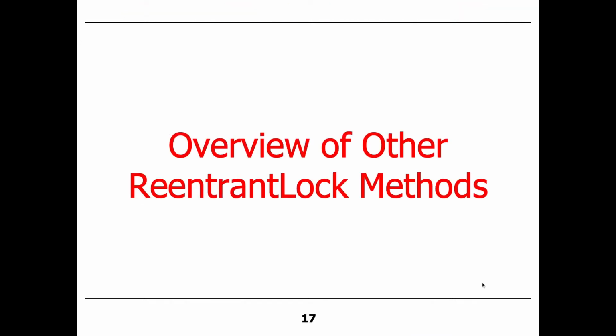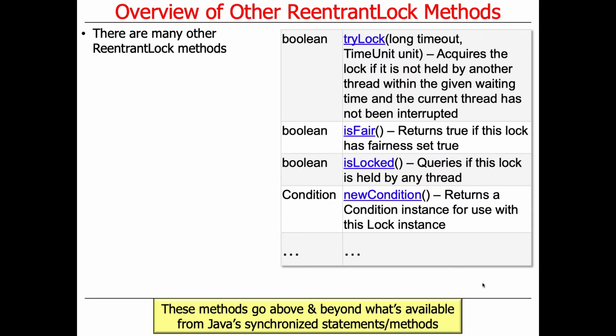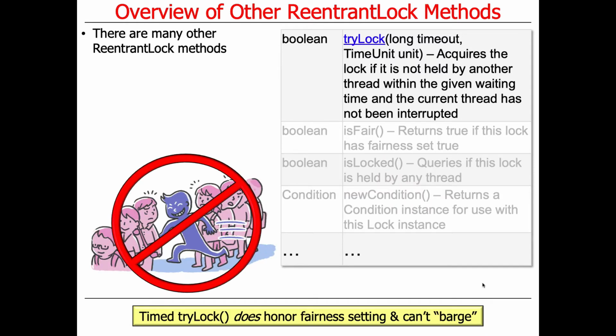There are also a bunch of other ReentrantLock methods, and these are above and beyond what goes into Java's synchronized statements and synchronized methods. We've got tryLock, which takes a timeout, and this particular method does honor the fairness settings, so it doesn't barge.